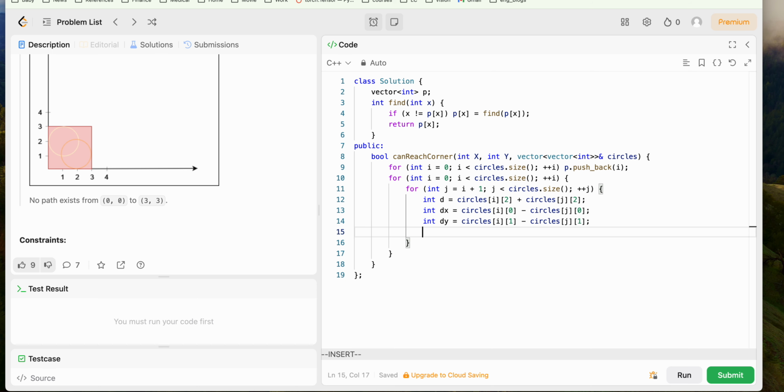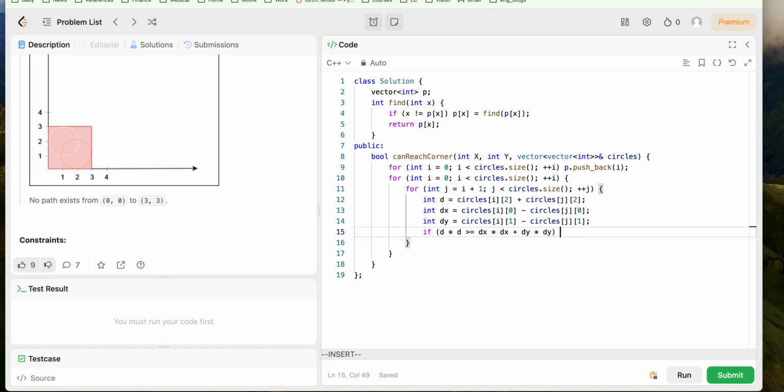Then we will be able to check if d is larger or equal to the distance, sqrt of dx squared plus dy squared. We're supposed to do this, right? However, these are all integers, so we just check d times d, and we do not need to calculate the square root.